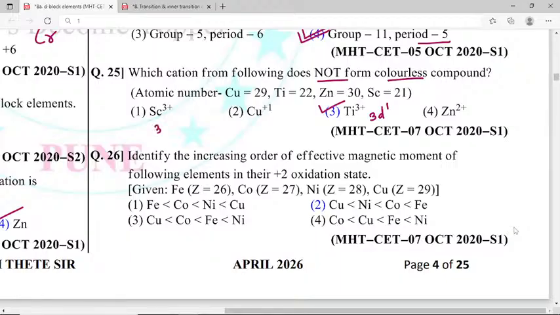Scandium has 3d0, copper +1 has 3d10, no unpaired electrons, zinc has 3d10, no unpaired electrons, all electrons are paired.